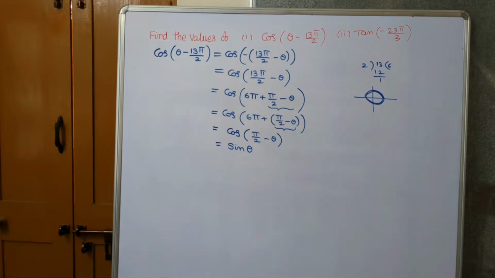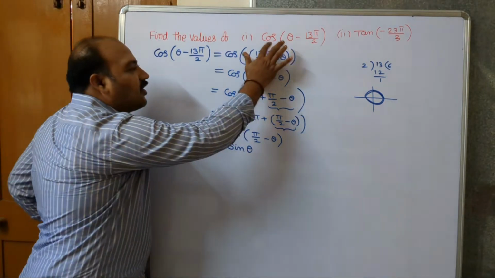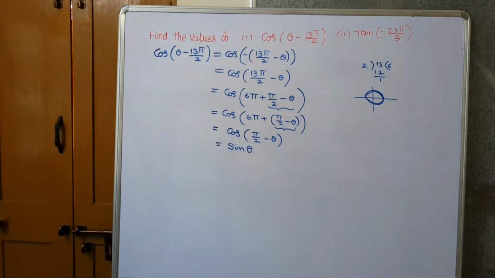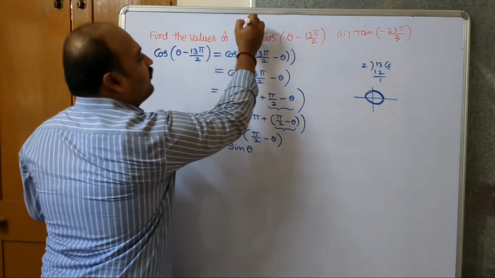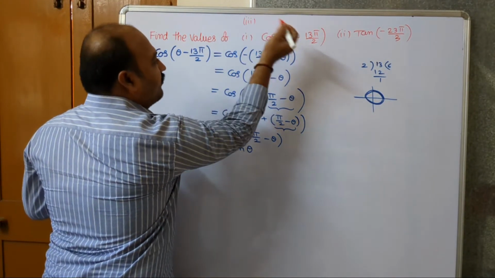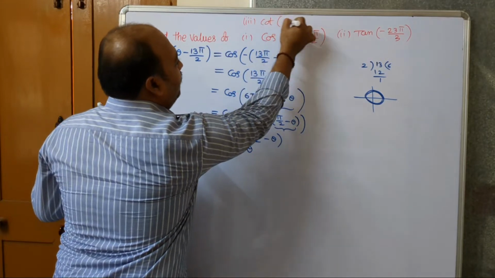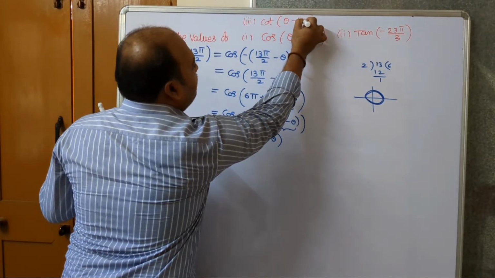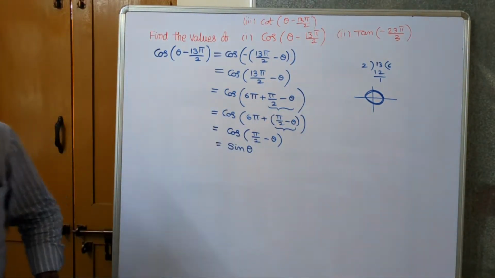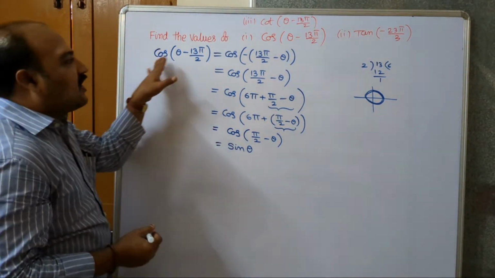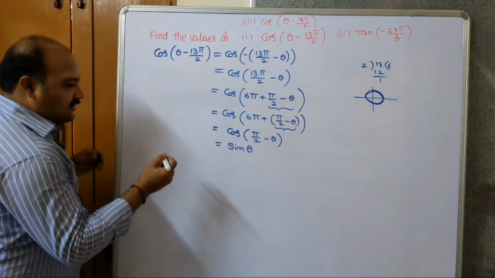If in place of cos, cot is there, what comes? That also verification. Suppose in the same place, cot is there. Third question I am taking. For example, cot theta minus 13 pi by 2. Here only I am doing here. Same procedure, wherever cos is there, cot we are going to replace.